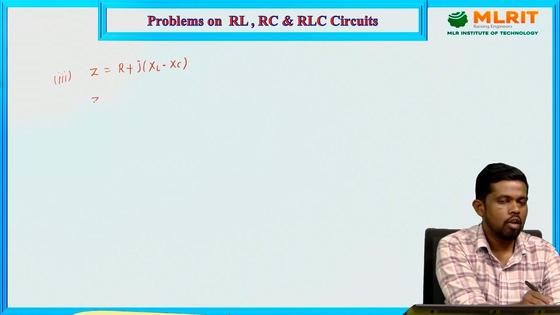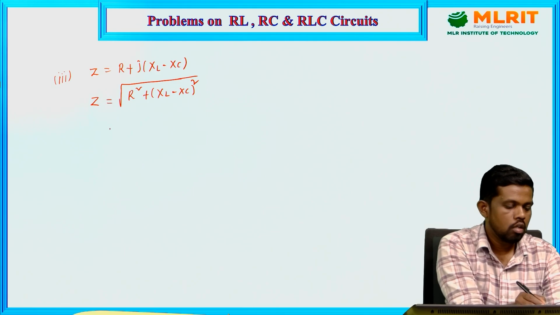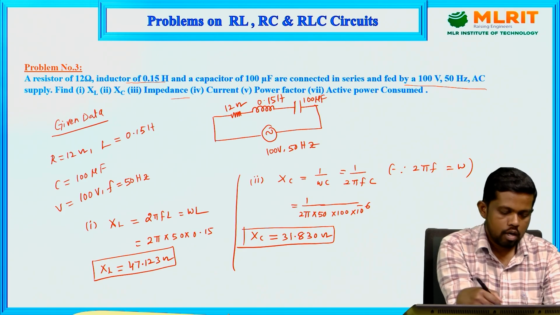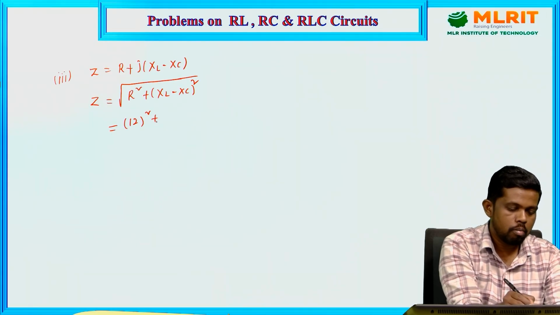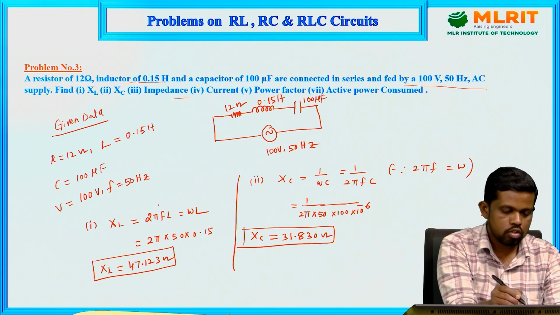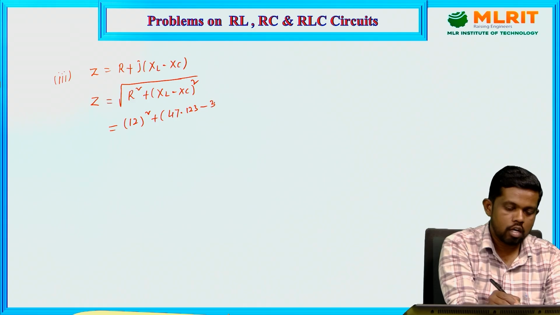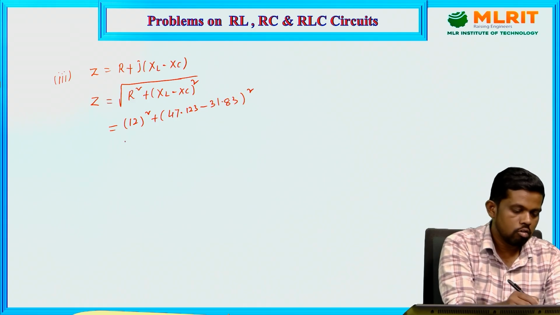So the magnitude of this impedance is the square root of R squared plus (XL minus XC) whole squared. The resistance value given is 12, so it is 12 whole squared plus (47.123 minus 31.83) whole squared.